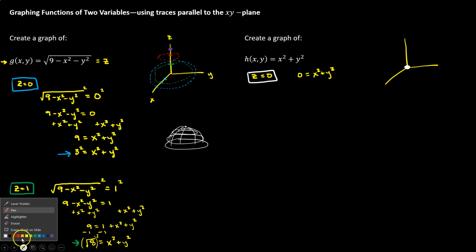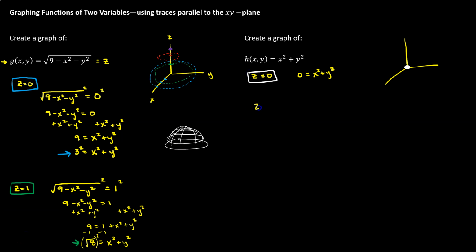If we shift up to maybe z equals 1, we would set our function equal to 1. And here we can see that we're at a unit circle. So at z equals 1, we have a circle with radius 1 centered at the origin.